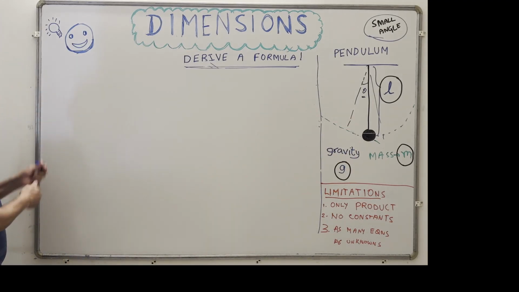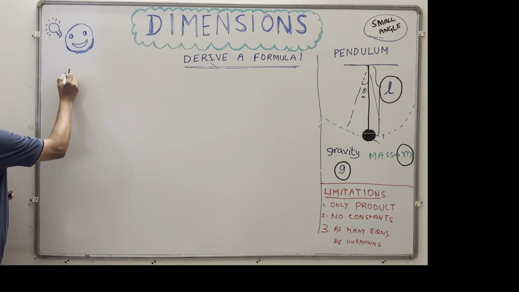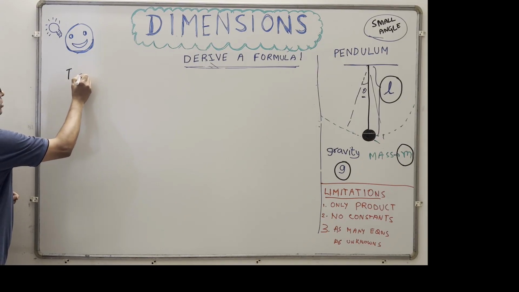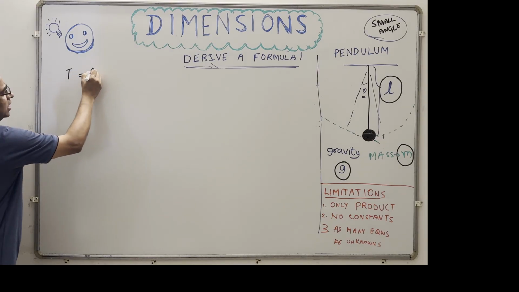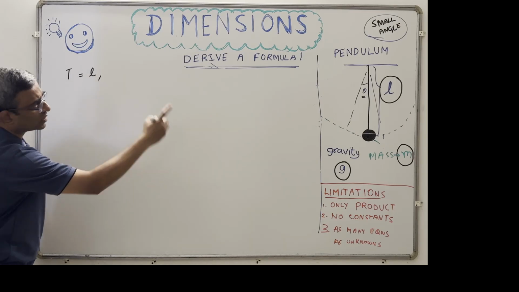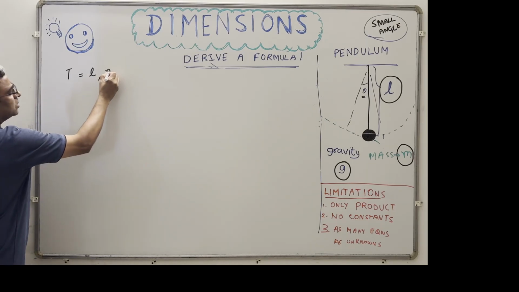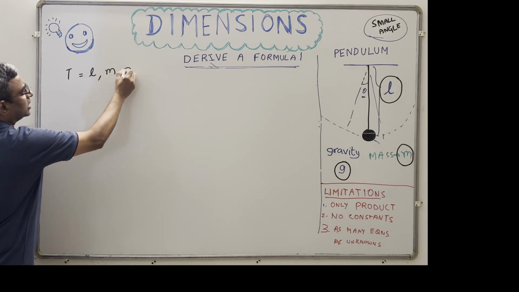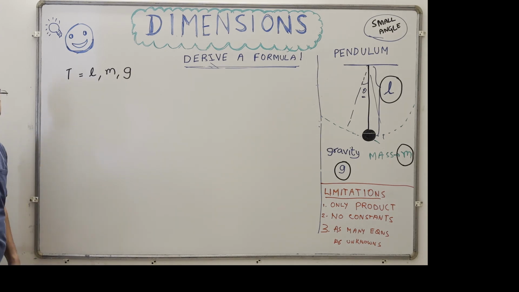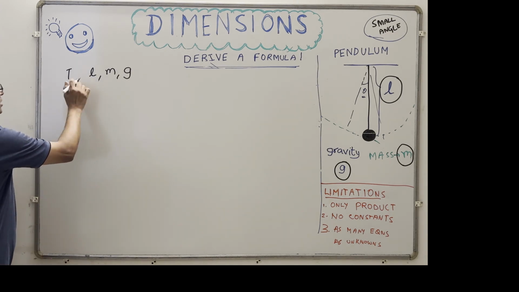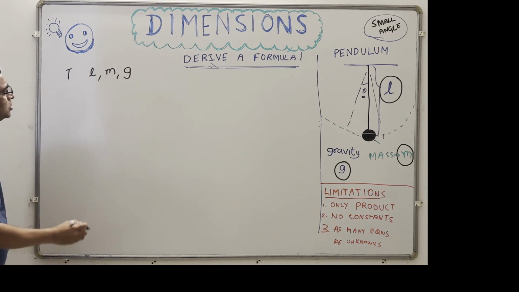So intuitively, an intelligent guess will lead us to somehow the time period of the pendulum is related to the length of the string, mass of the bob, and the gravity. So somehow this is dependent on these quantities.